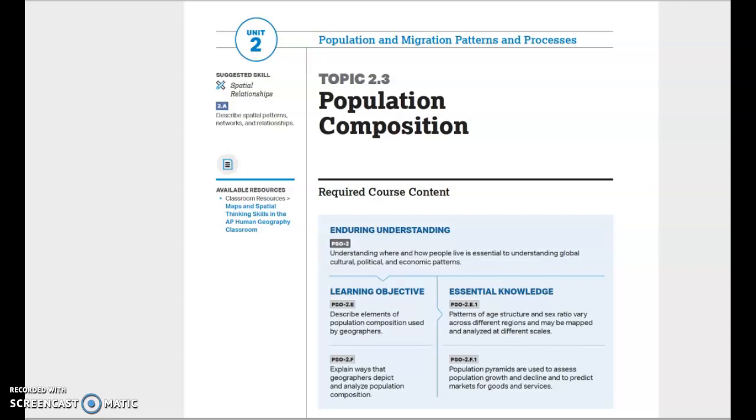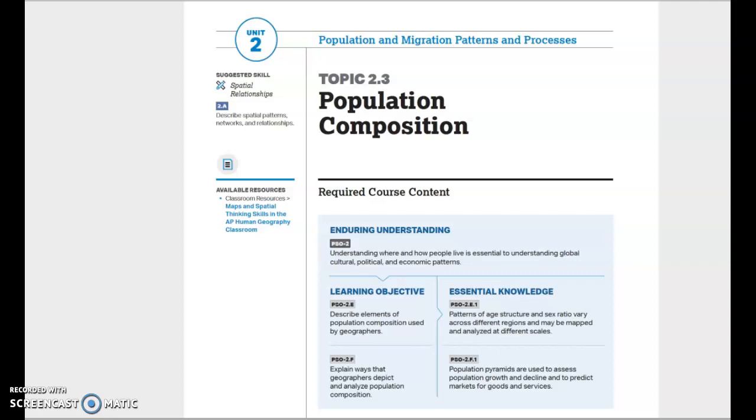And what we want you to work with is this bigger question: how people live and how essential that is to understanding global cultural, political, and economic patterns. Now, we'll look at the patterns of age structure and sex ratio across different regions, and how that can be analyzed at different scales.